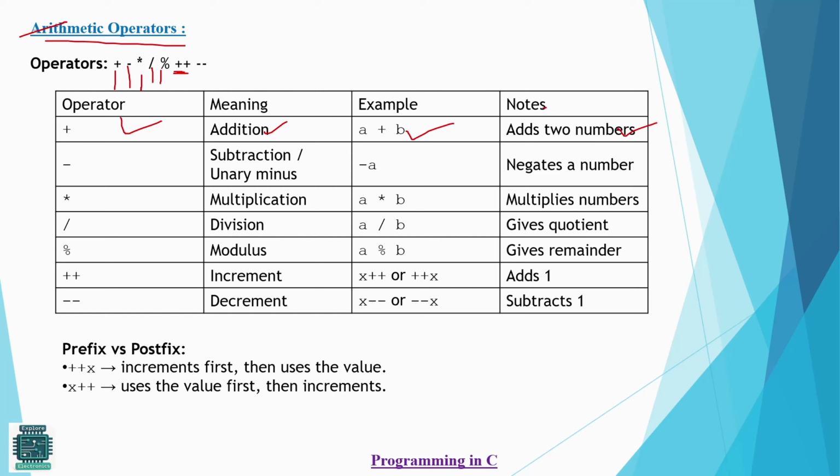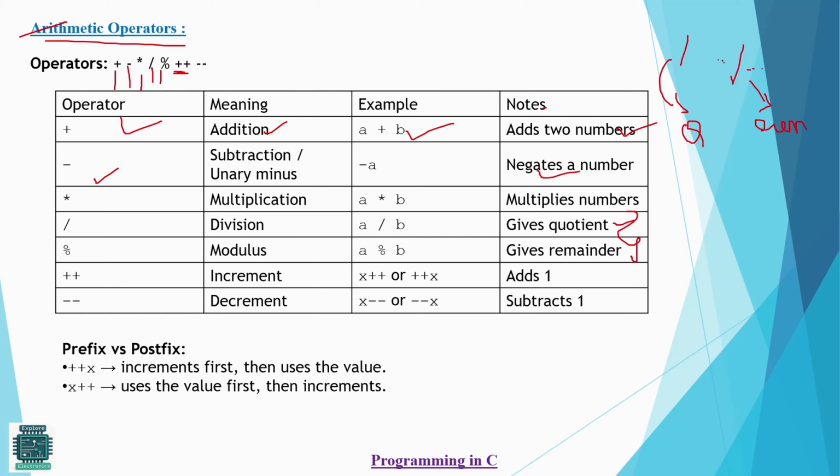It adds two numbers. In the same way, the negative, the subtraction, it negates a number. Multiplication does the multiplication operation. Division gives the quotient. Here it is important to remember, don't get confused between division and modulus operation, because division gives output only the quotient. Modulus gives me the remainder.